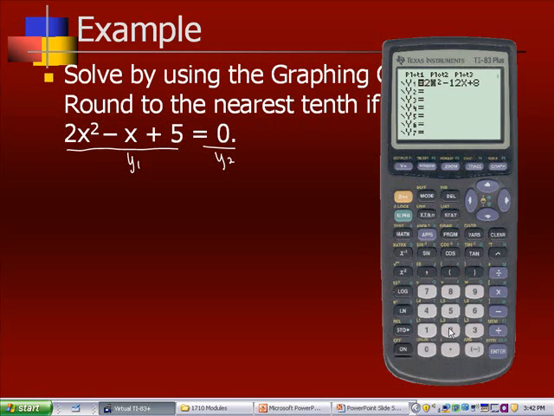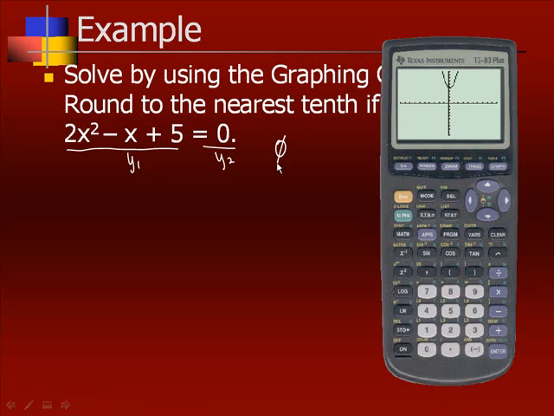So we're going to call that 2x squared minus x plus 5. I'm going to delete everything that was left. Then we're going to let y2 be 0, which there comes your curve, your 2x squared. There comes the y2. Does it ever cross the x-axis? No. Therefore, it is no solution, or two imaginary solutions.